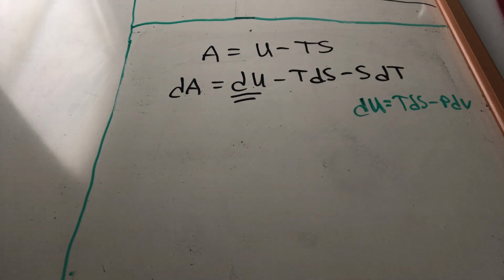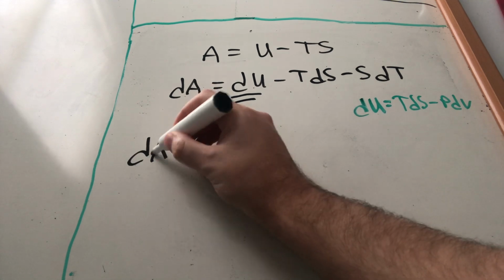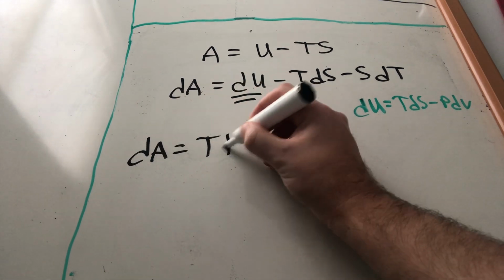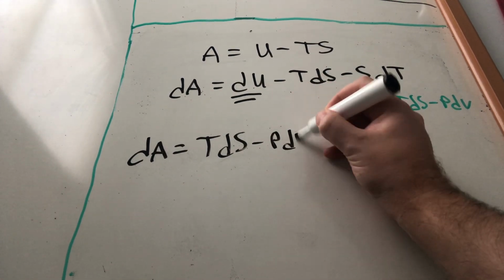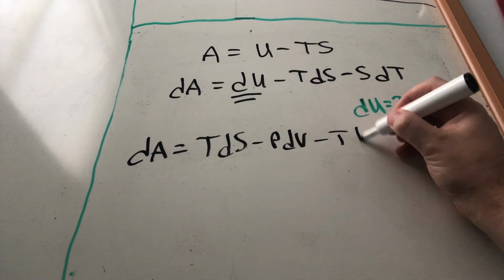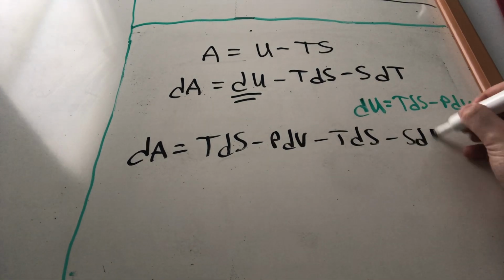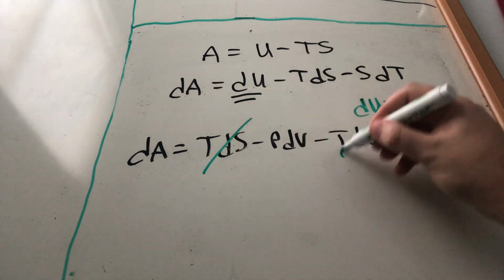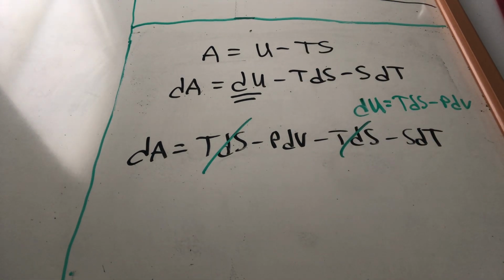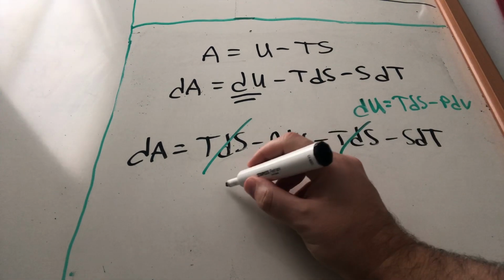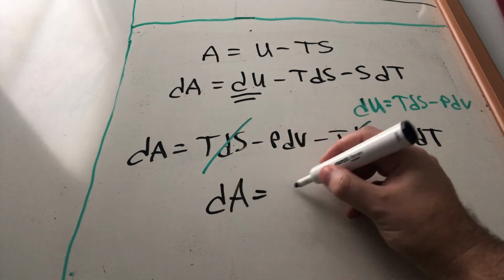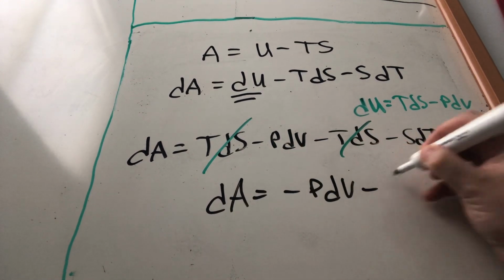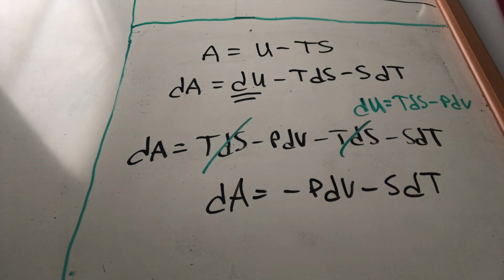So dA looks like TdS minus PdV minus TdS minus SdT. Amazingly, terms cancel, and what you're left with is a dA that looks like minus PdV minus SdT.